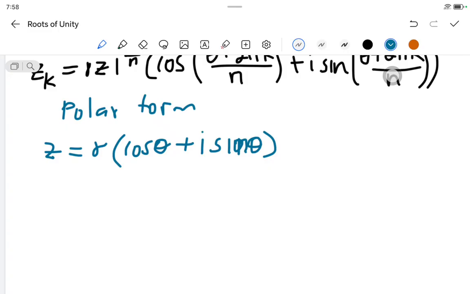can also be extended. For the roots of unity, if we have z to the n equals 1, this is how they pointed out this condition. So let's assume that z to the exponent n, because we are going to find the roots of unity to the exponent n.